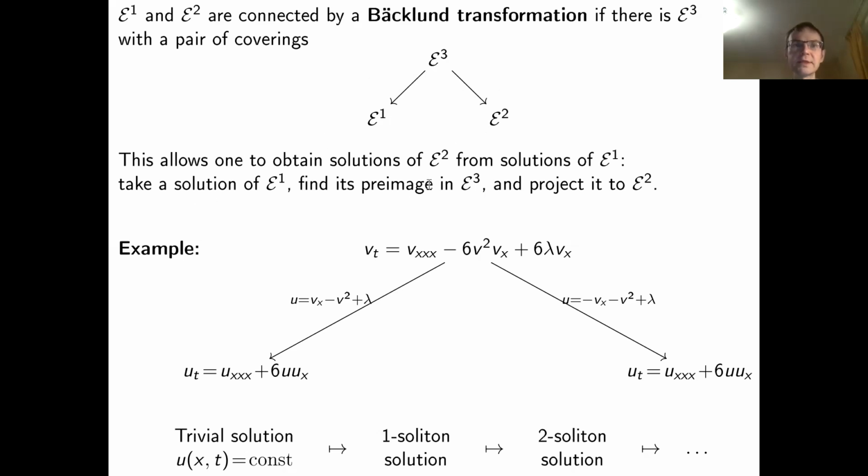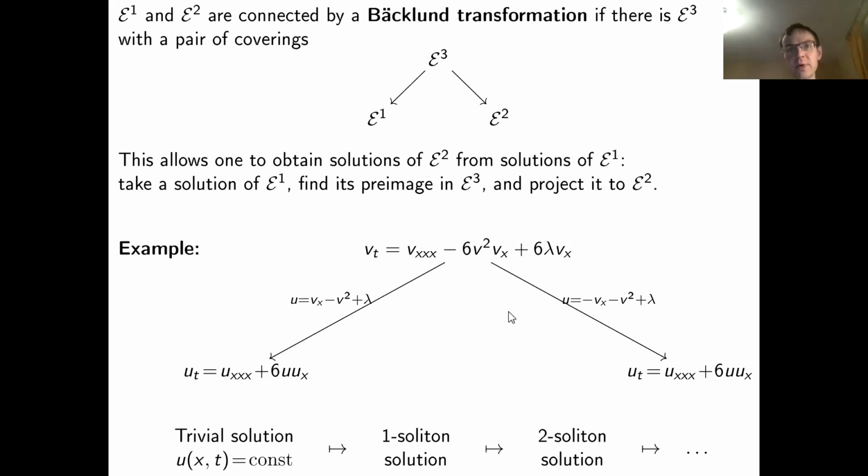Then we can obtain solutions of E2 from solutions of E1 as follows. We take a solution of E1, find its preimage in E3, and project it to E2. Similarly, we can obtain solutions of E1 from solutions of E2: we take a solution of E2, find its preimage here, and project to E1.